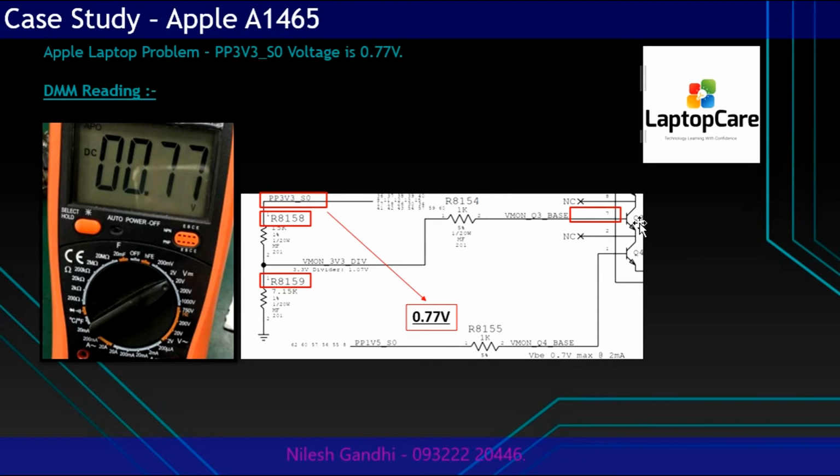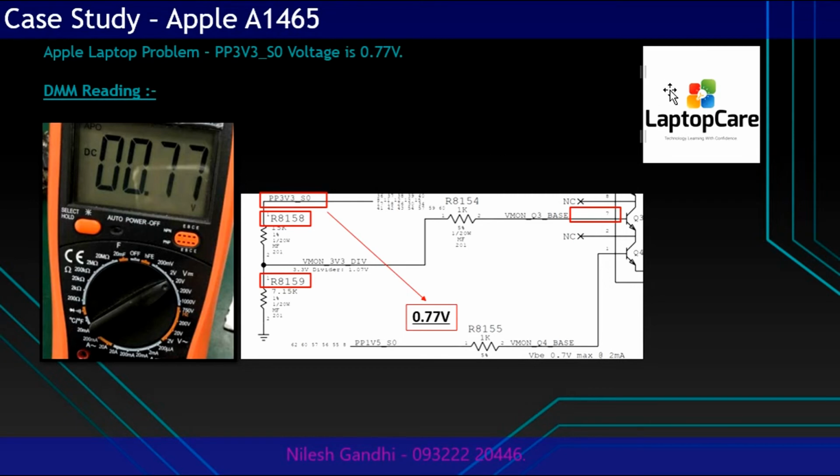Here in the circuit, pin 7 of Q8150 gets its voltage from PP3V3_S0 via a voltage divider, R8158 and R8159, as shown in the picture.